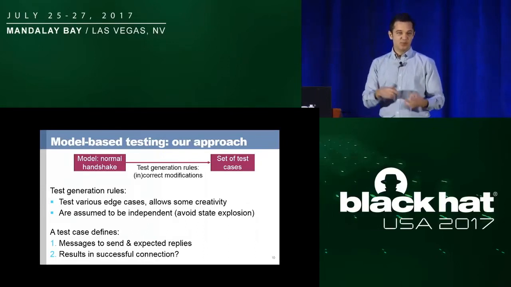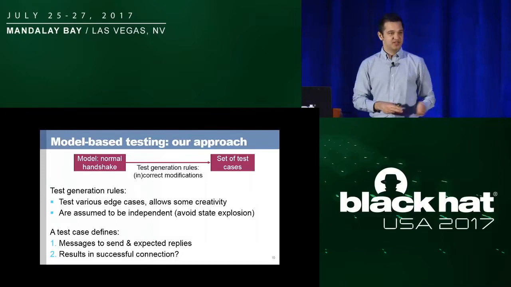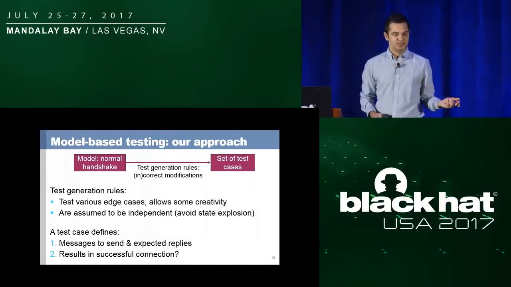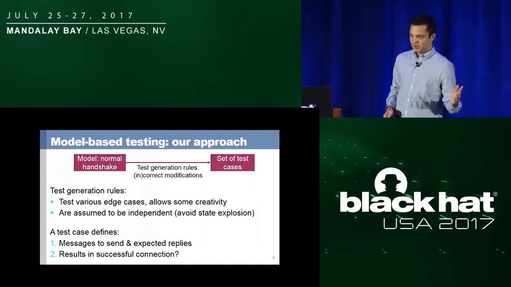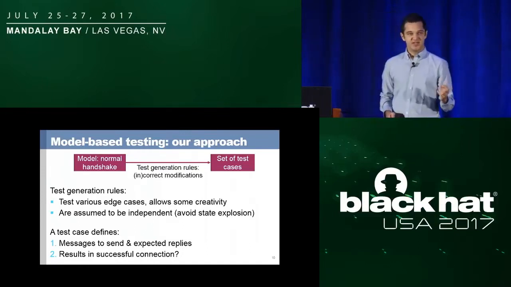For example, if you drop the last two messages of the handshake, well, you will always get the expected replies, but the handshake hasn't finished yet. So you're not allowed to connect yet. You're not allowed to send data yet. So to recap, a test case defines the messages that you send, that you expect, and whether they should result in a successful connection.